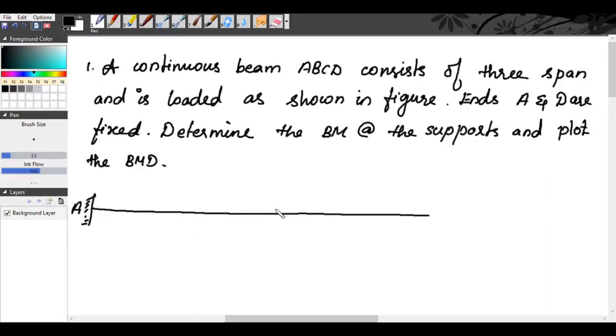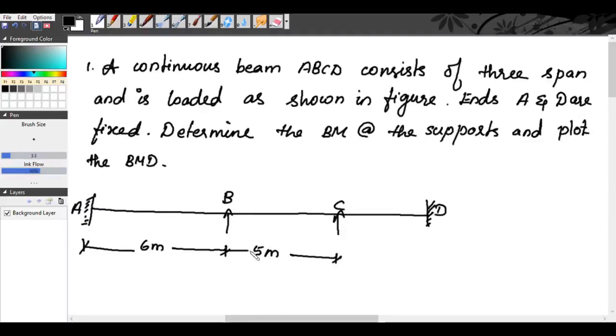A and D are given as fixed. B and C are the intermediate supports. The span AB is 6 meter long. Span BC is 5 meter long. Span CD is also 5 meter long.